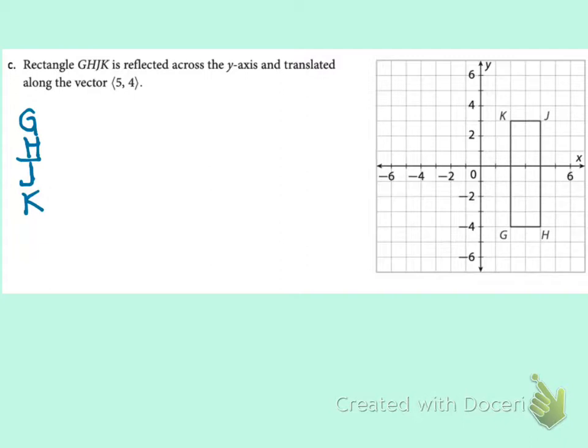And so you're going to find G prime, H prime, J prime, K prime, and then you'll find G double prime, H double prime, J double prime, and K double prime. And be sure to graph all three. Well, you've got the first one, so graph the reflected figure over the y-axis, and then the slid figure with the vector 5, 4.